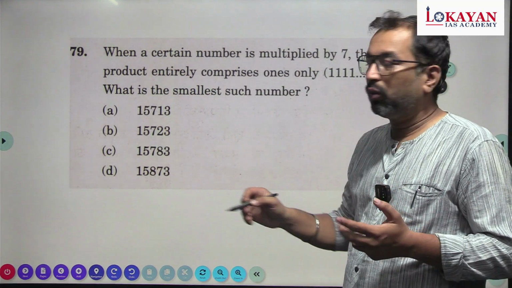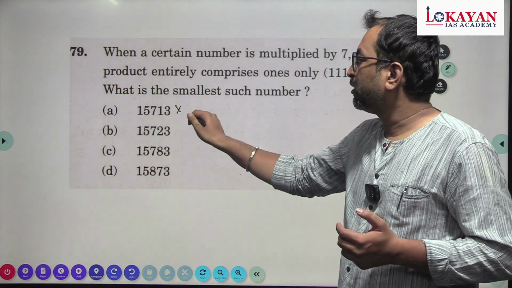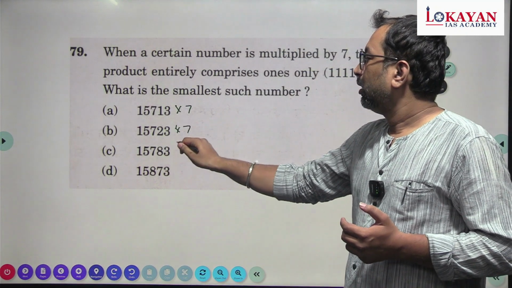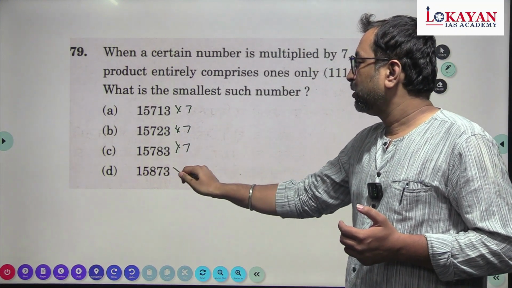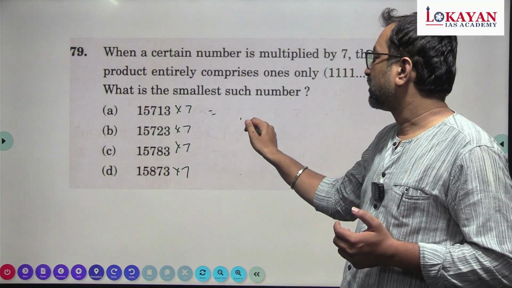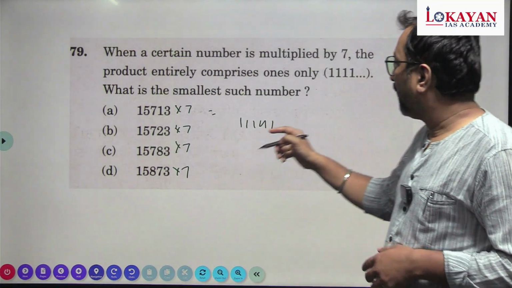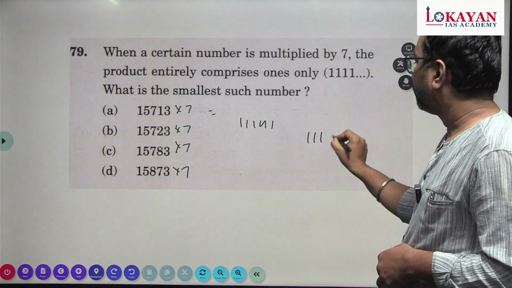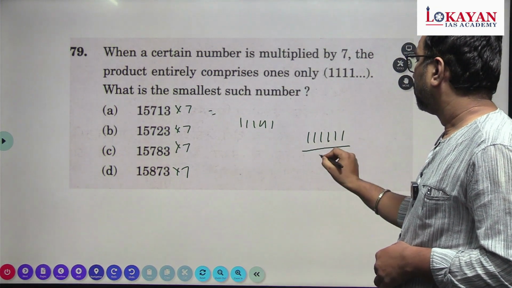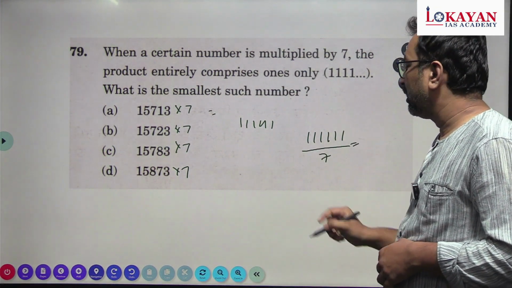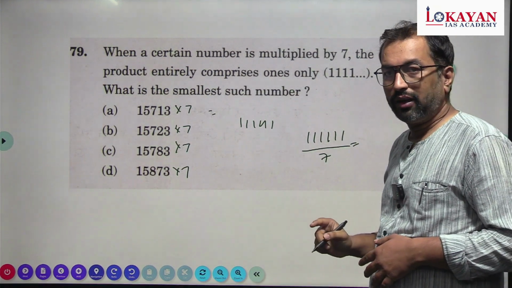Now there are 2 ways. You can multiply every option by 7 and see which option gives you all ones. Or instead of multiplying, divide these ones by 7 till you get your answer.